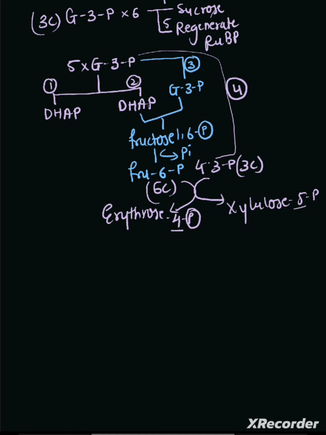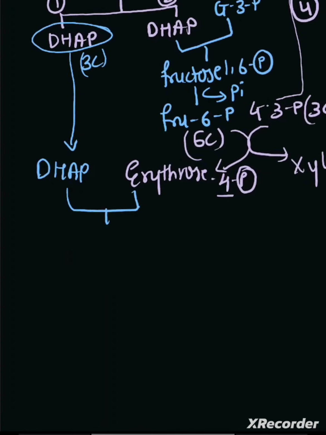Now we'll be following 2 chains here. Now this DAP molecule, another DAP molecule which I had, will come here. I'll write DAP here. This DAP and erythrose 4-phosphate that I have here, what will they do? DAP is a 3 carbon. This is 4 carbon. 4 and 3, I'll get a 7 carbon compound here.